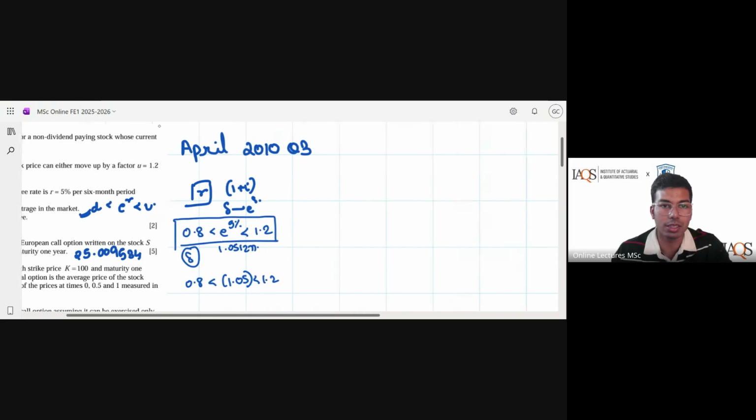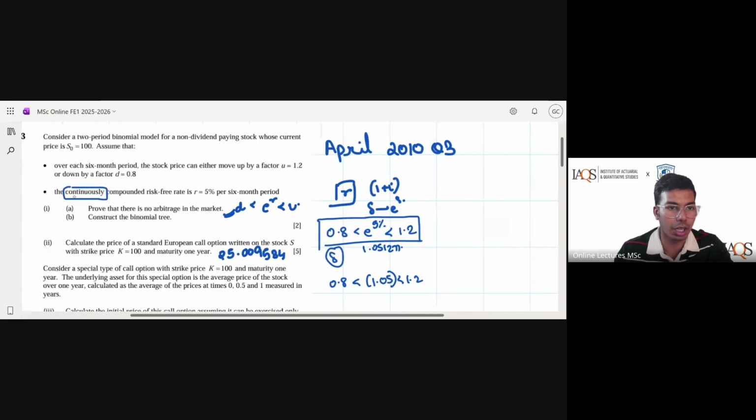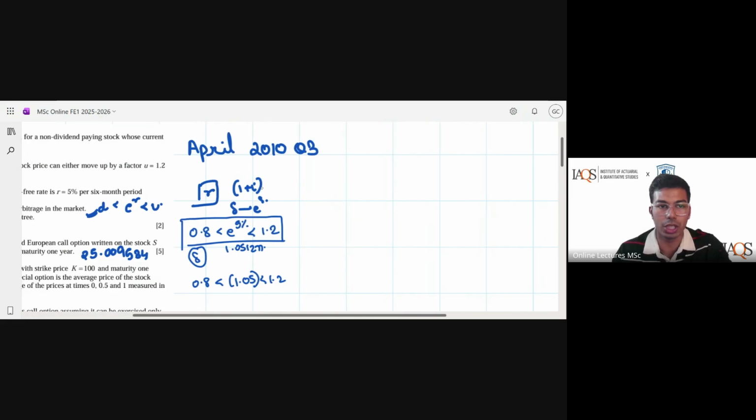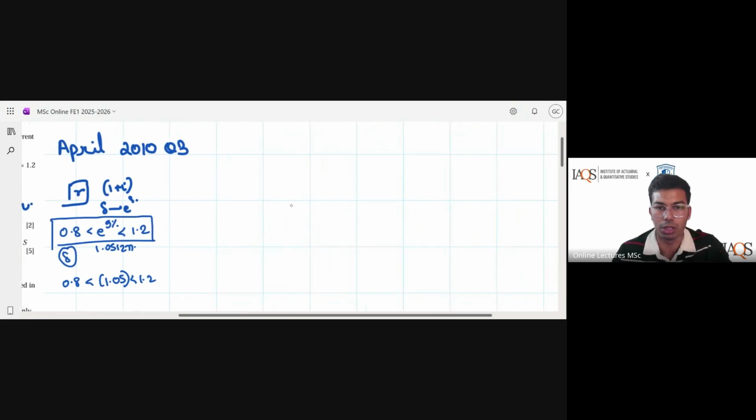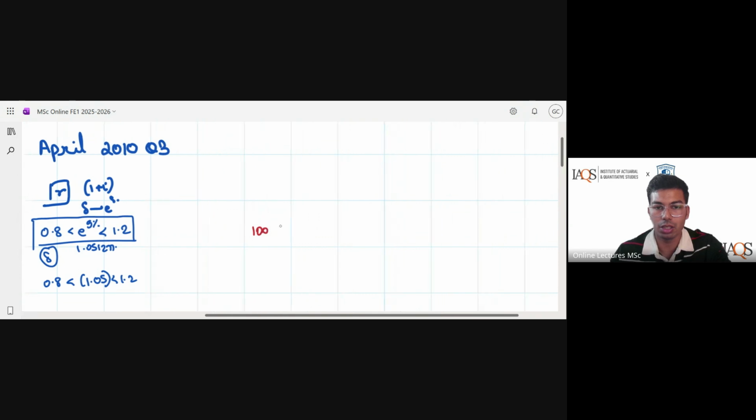Alright. Can someone tell me the binomial tree? The current price is 100, U is 1.2, D is 0.8. It's a 2-period binomial. So 100, then 120, 80. Perfect.